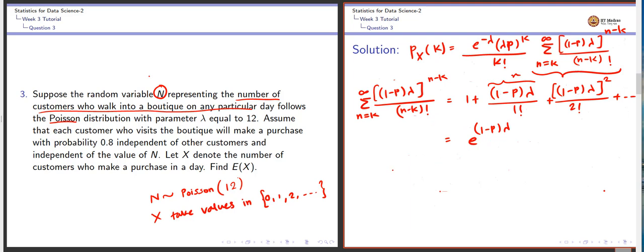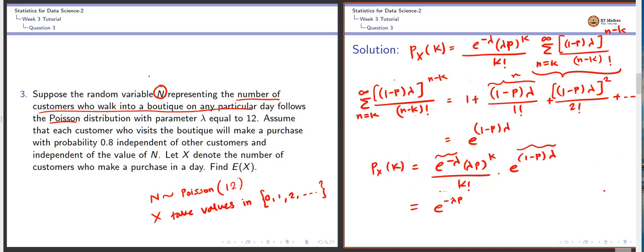By substituting this value into the above equation, we'll get probability of X equals k as e to the power minus lambda p to the power k divided by k factorial, into the summation, which is e to the power 1 minus p into lambda. So this e to the power minus lambda and e to the power 1 minus p into lambda will become e to the power minus lambda p, then lambda p to the power k divided by k factorial.